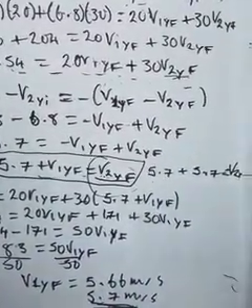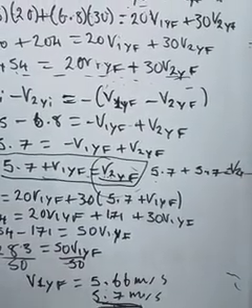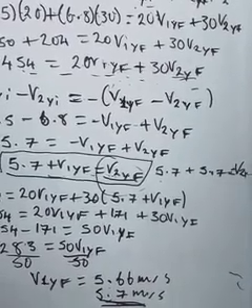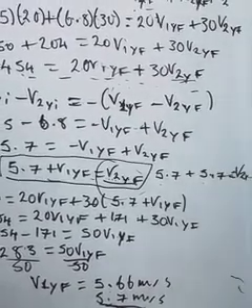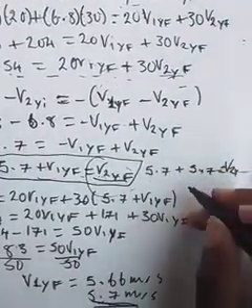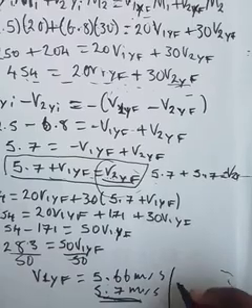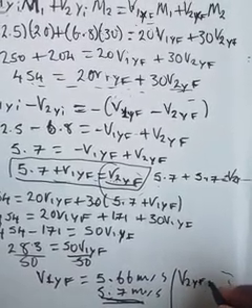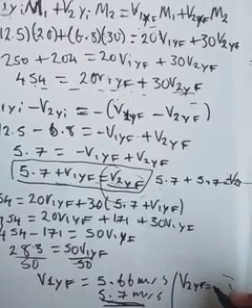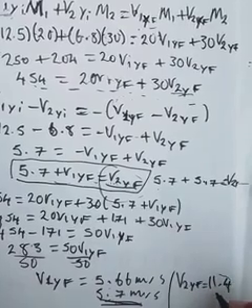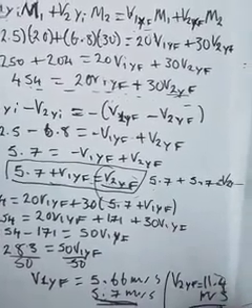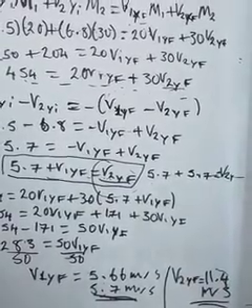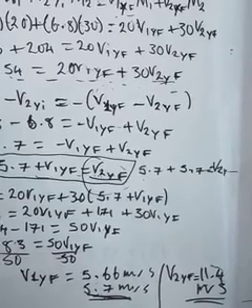So 5.7 plus 5.7, it is 11 point what? So I'll just say V2Yf is giving us 11.4 meters per second. So this is what we are getting.